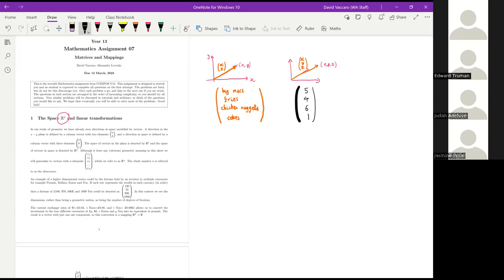And can anyone think of a very natural transformation in the context of McDonald's, which would map this 4 vector onto, let's just do a single real number R. So if you ordered 5 Big Macs, 4 portions of fries, 6 chicken nuggets and a Coke, what might the person behind the till then do to that order? What sort of transformation, what sort of mapping might they do to that onto a number?